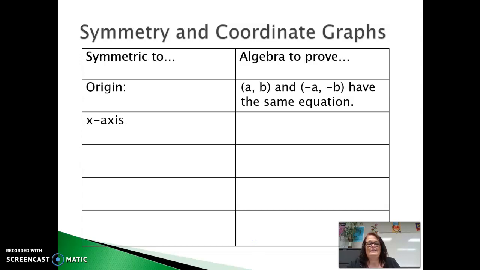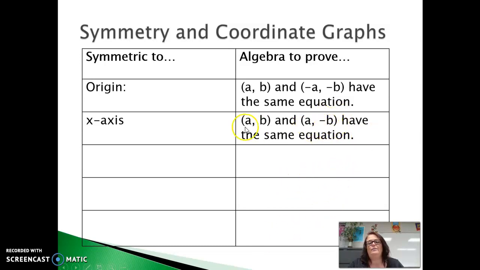When it comes to the x-axis, if you can see my picture, the x part of my thumb is staying the same, but the y part is changing. So I'm going to take my control of (a, b), and then add in the point (a, negative b), and if I get the same equation for both, then it's symmetric to the x-axis.